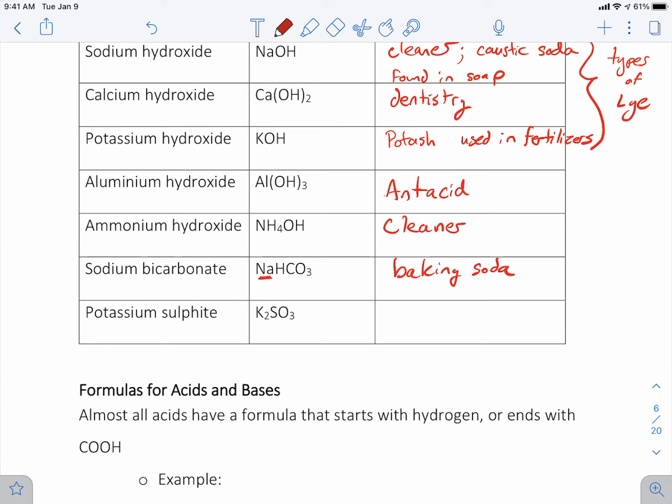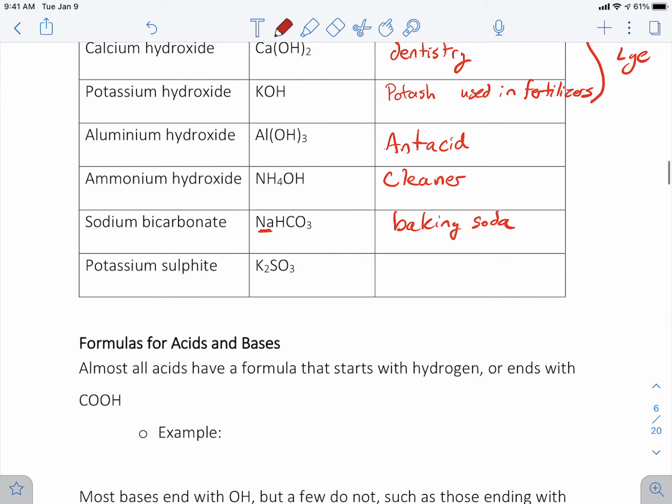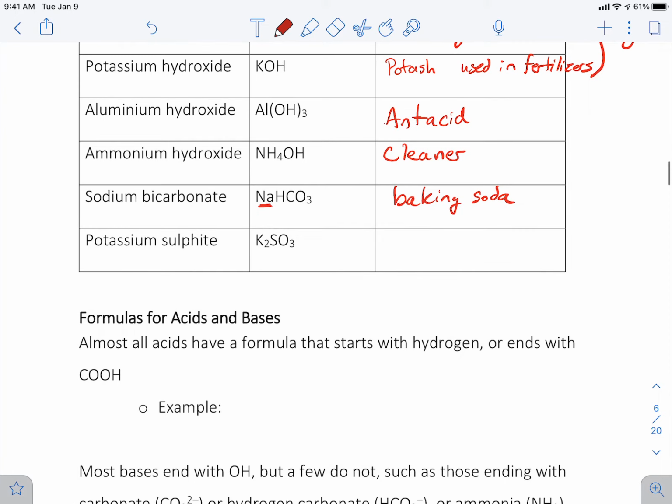Although actually breads are usually risen by bacterial action, by yeast. And then potassium sulfite is something that's added as a preservative. I think that's right. Okay.